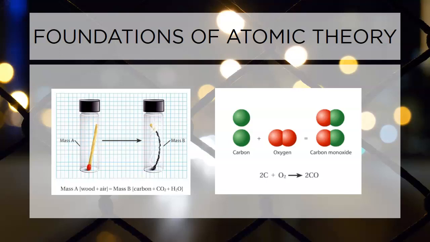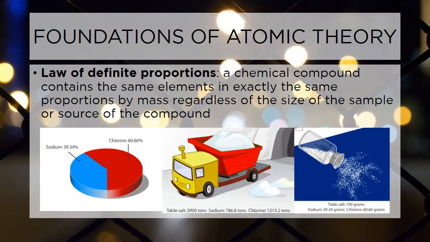Next law we're going to look at is the law of definite proportions. This tells me if I have a chemical compound, such as sodium chloride, table salt, it's going to have the same proportion by mass no matter the size of the sample, as long as it's pure.